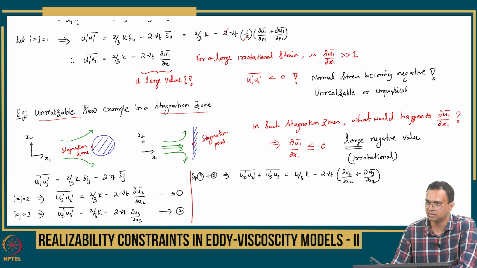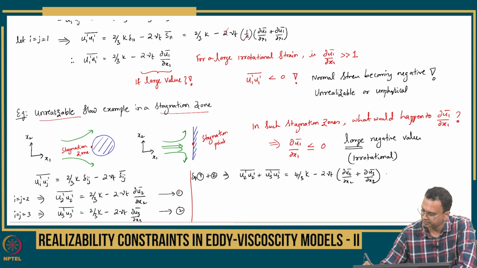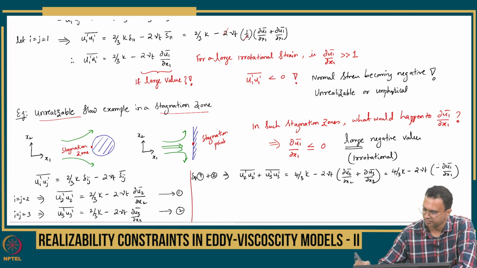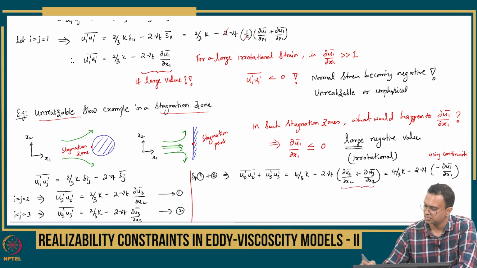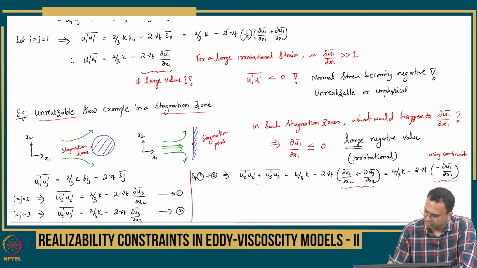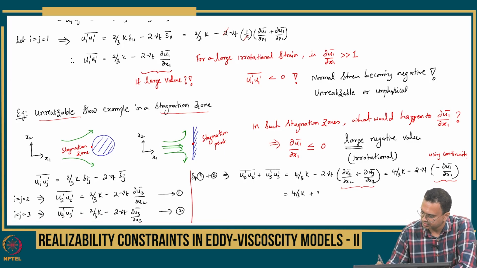Now I can use continuity here, right? So this gives me 4/3 k minus 2 nu t of minus ∂u1 bar by ∂x1, using continuity, substituting this part by minus ∂u1 bar by ∂x1. So the formula here becomes 4/3 k plus 2 nu t ∂u1 bar by ∂x1.